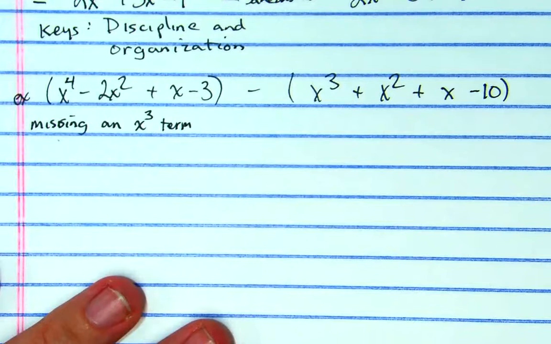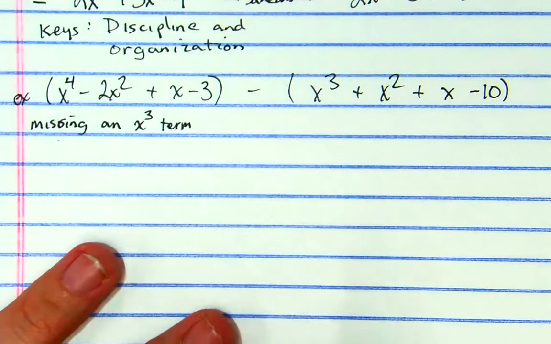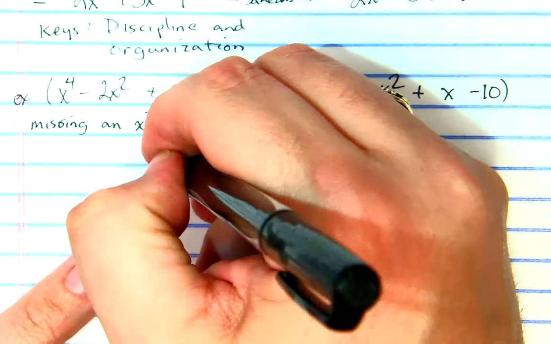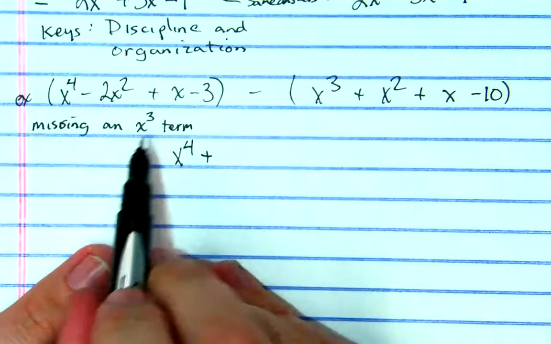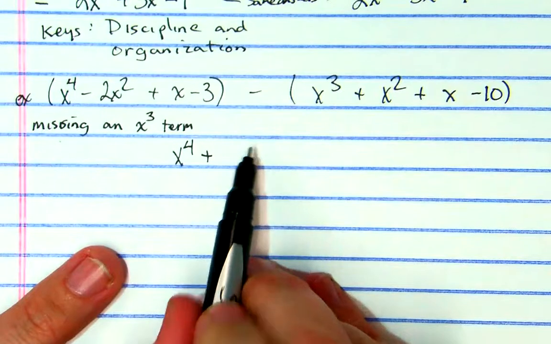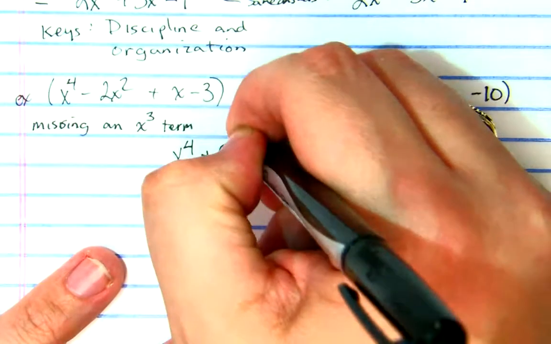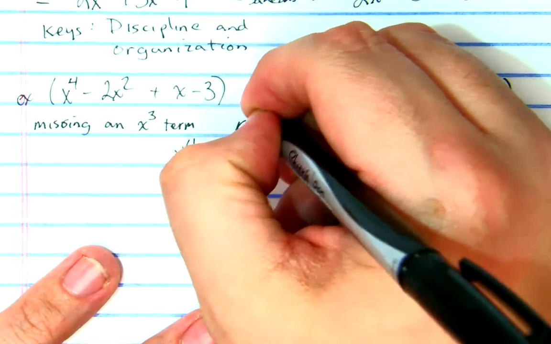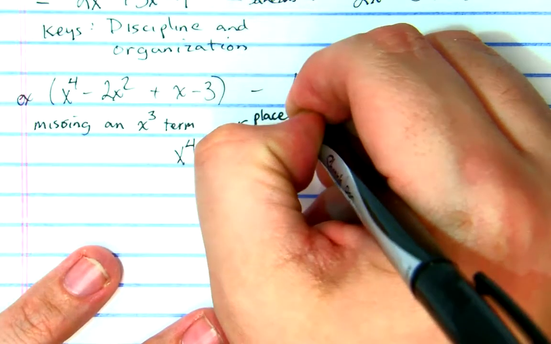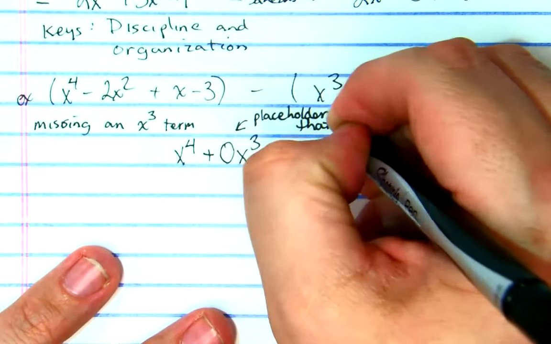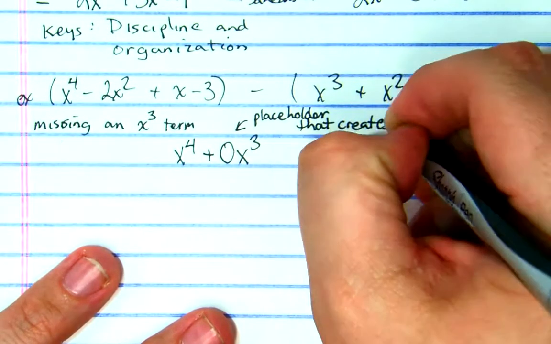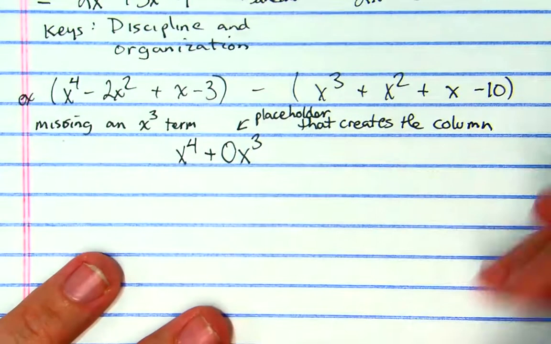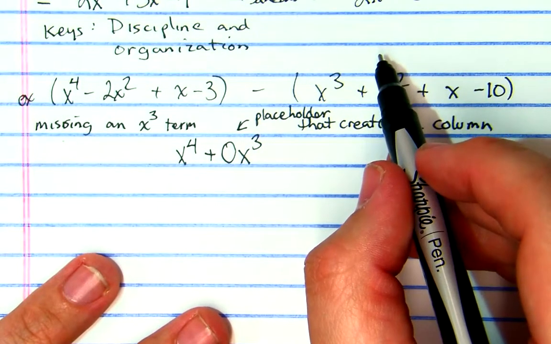So, since the first polynomial is going to dictate the columns, what I'm going to do is go x to the fourth plus, now since x cubed would be next and I don't have any, I'm just going to put 0x cubed. And the reason for that, this is more of a placeholder that creates the column. Because obviously there's an x cubed right over here.